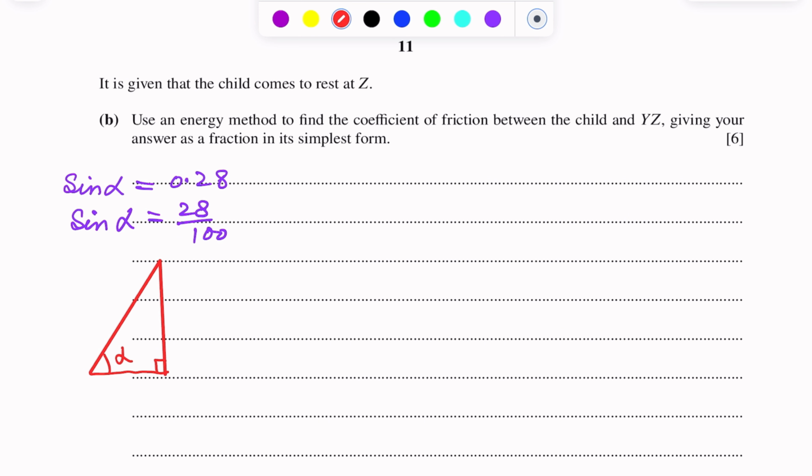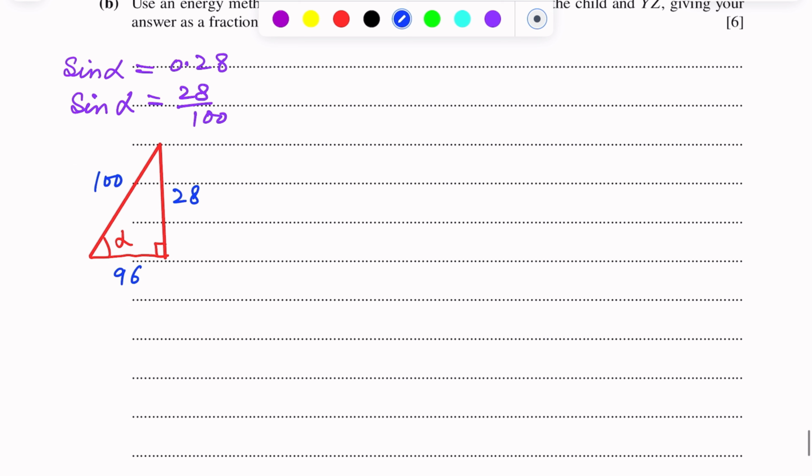This angle is alpha, and sine alpha is 28 over 100, meaning perpendicular over hypotenuse. So we write here perpendicular is 28 and hypotenuse 100. By using the Pythagoras theorem, we get the third side, that is 96. So the value of cos alpha will be base over hypotenuse, 96 over 100, that is 0.96.